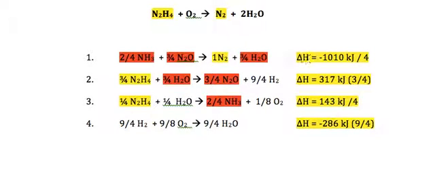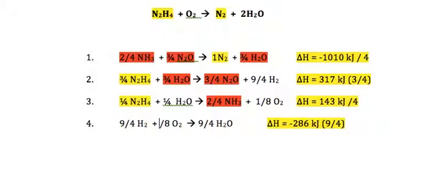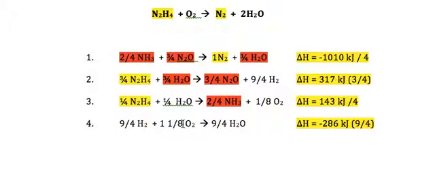So really all we have to do here is make sure everything is adding up the way it's supposed to be. Okay, and if I look, I have 9/8 oxygen here and 1/8 oxygen here. So 9/8 is really 1 and 1/8. I hope that makes sense.